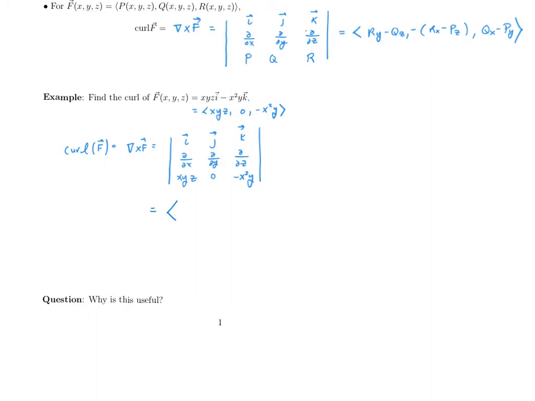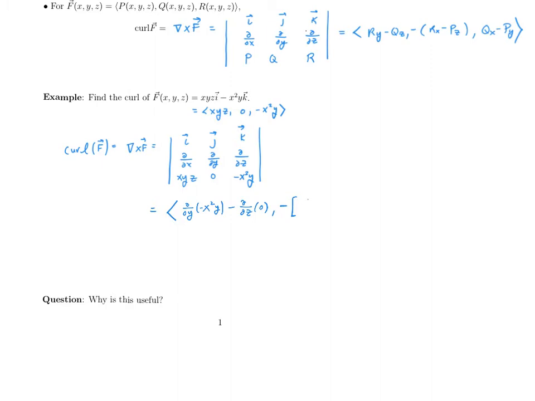So that would be the partial with respect to y of minus x squared y minus the partial with respect to z of 0. Then in the middle entry, we start off ahead of time with a minus sign, and we play the same game. We go to the j entry, we cross off the row and the column that we find j, and once we've crossed off the row and the column, that remaining 2x2, we calculate its determinant.